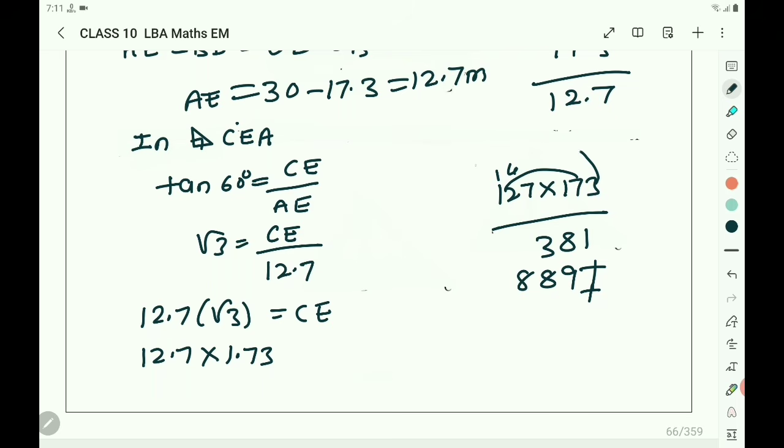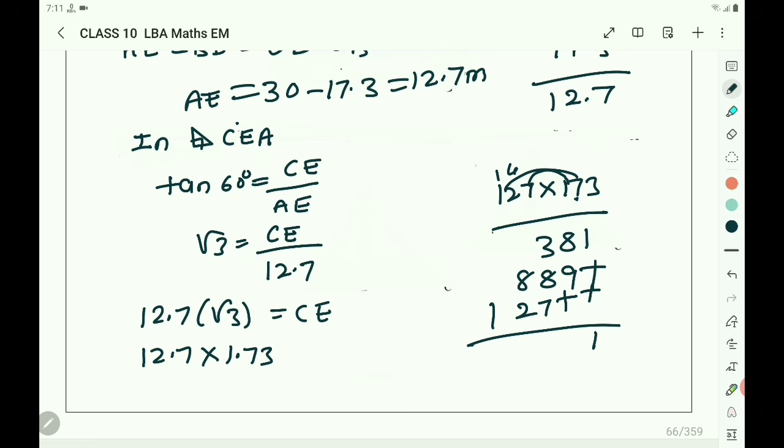Then 1 sevens are 7, 1 twos are 2, 1 ones are 1.